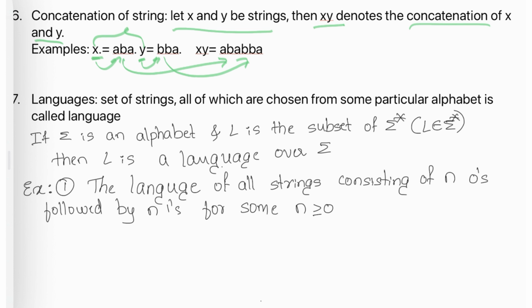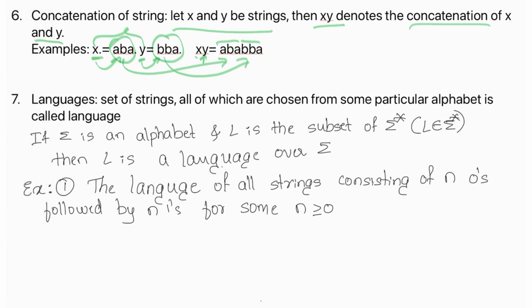So here y is coming after x. Therefore, the content of y will come after the content of x. So first ABA, then BBA. So this is the concatenation of string.